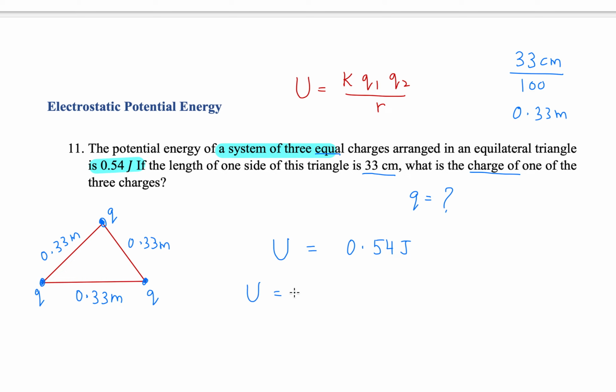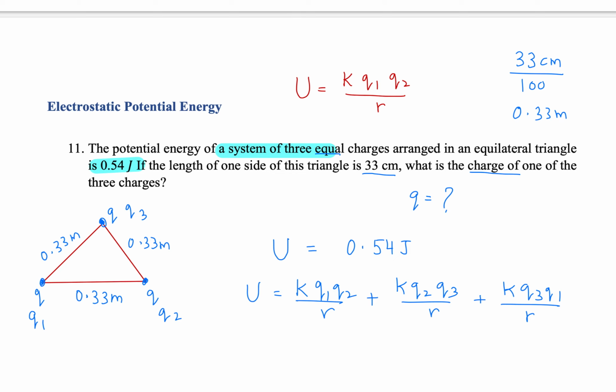First let's write it down in terms of Q1, Q2 and Q3 so that we can apply the formula. So K Q1 Q2 over R plus K Q2 Q3 over R plus K Q3 Q1 over R. What I have done here is label this as Q1, Q2 and Q3.